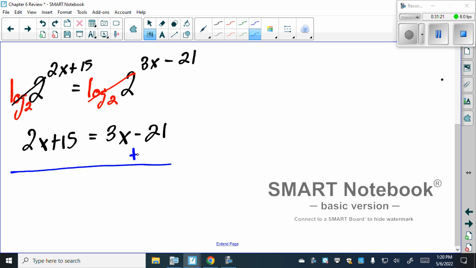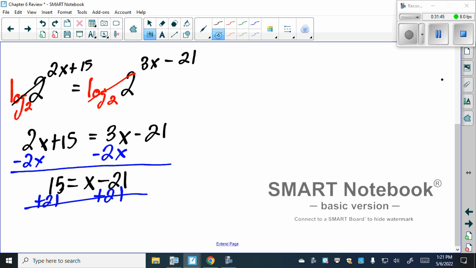Yeah, we can minus 2x from both sides. Now that step that I wrote in red, putting both sides to the log base 2, isn't necessary.